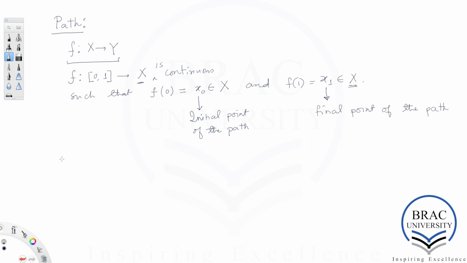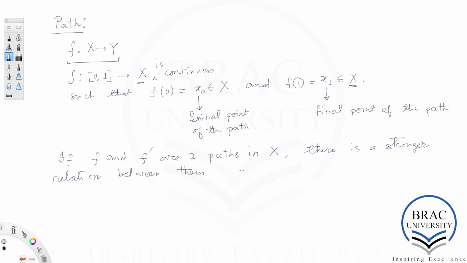Now if f and f prime are two paths in the topological space X, there is a stronger condition, in other words, there is a stronger relation between these two paths, f and f prime, than mere homotopy.